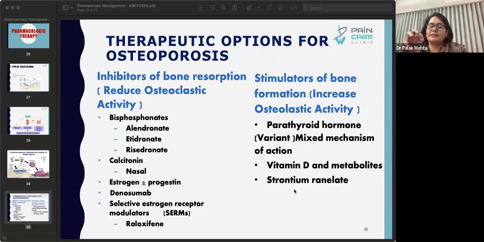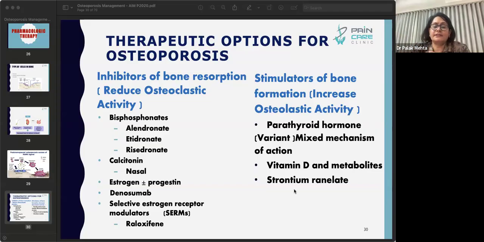It is a chain of 21 amino acids from the parathyroid hormone. We call it recombinant parathyroid hormone, or teriparatide. It acts on the osteoblast and increases their activity. Same way, intake of vitamin D and metabolites, and strontium ranelate, which I have not used personally.